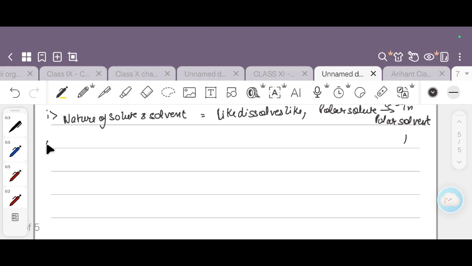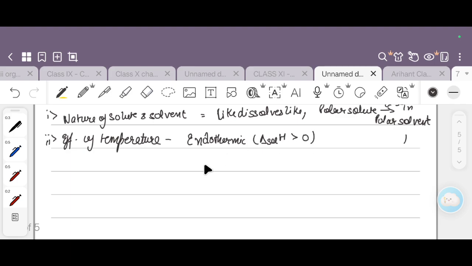Next, the effect of temperature. If the dissolution process is endothermic, that is the enthalpy of solution is greater than 0, then for such a process the solubility increases with rise in temperature.